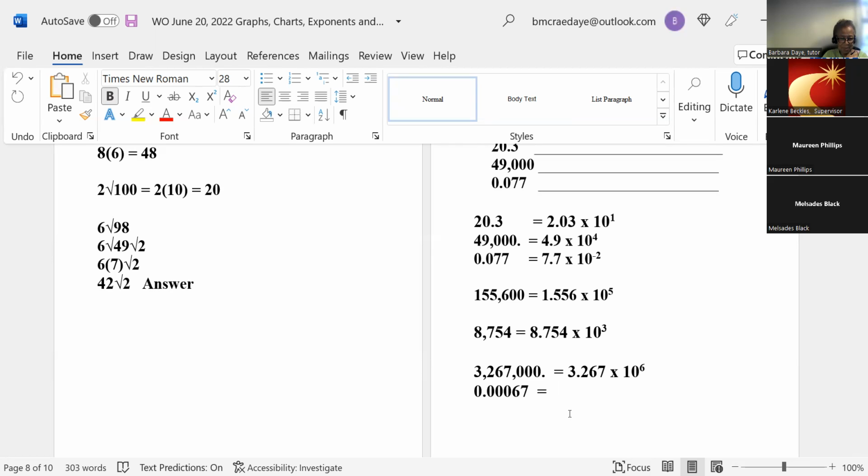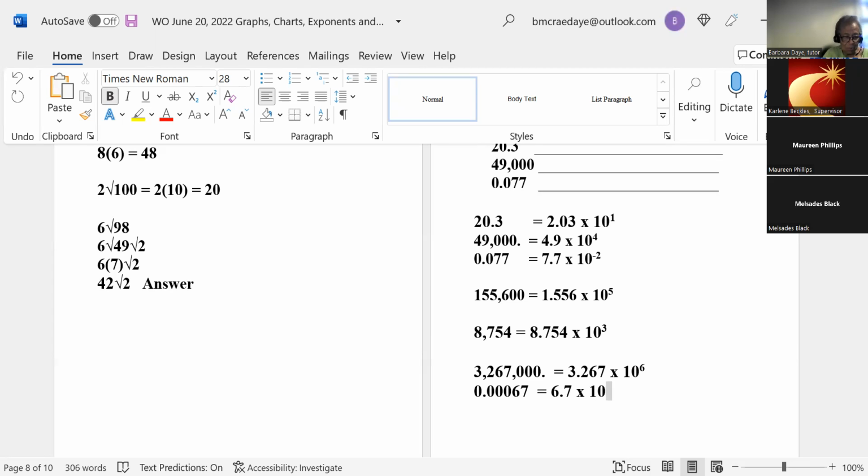So your decimal point, you move it between what digits? 6, 7. You're moving to the right. So where would the decimal point go? Between the 6 and the 7. Very good. So that would be 6.7. That satisfies your less than 10 rule.